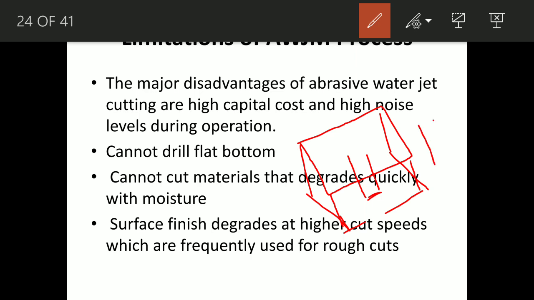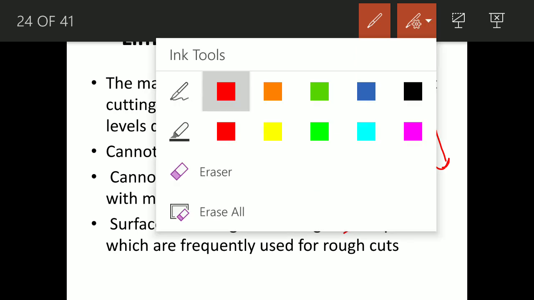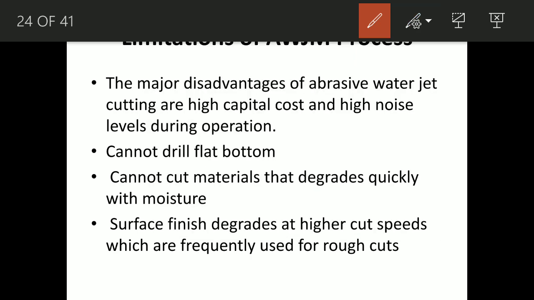Instead, you will get a bottom of this shape. It cannot be flat because the abrasive particles are hitting, and there is no flat tool involved. The abrasive particles hit, and at the center it will be deeper, and as you go away from the center there will be less depth, so it cannot create a flat bottom.